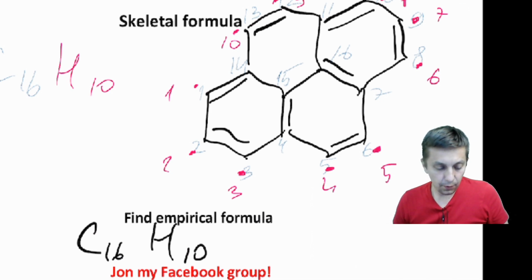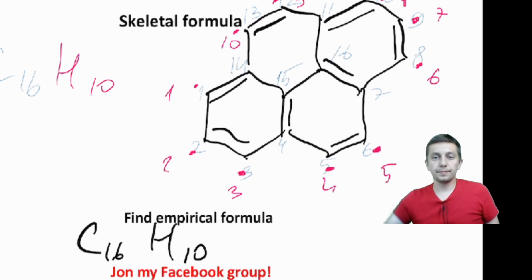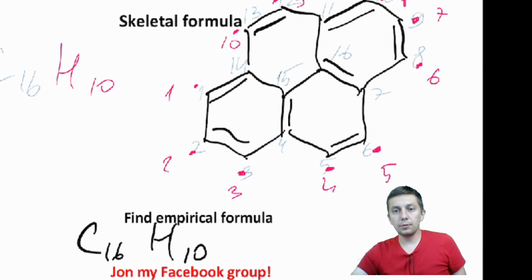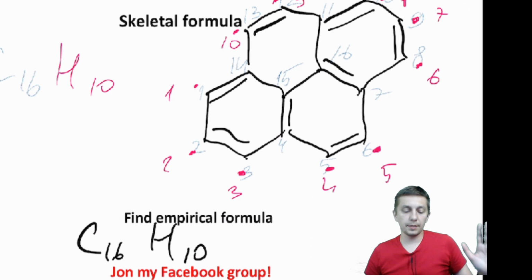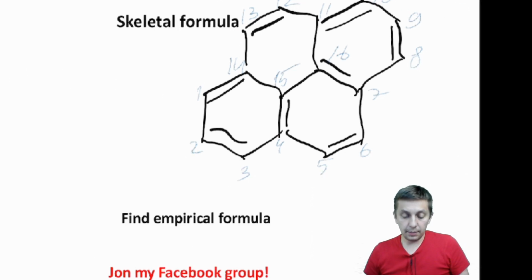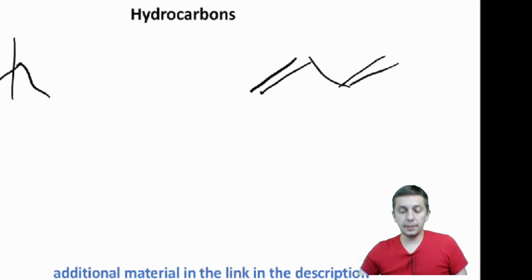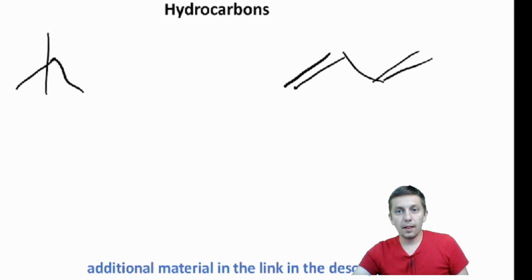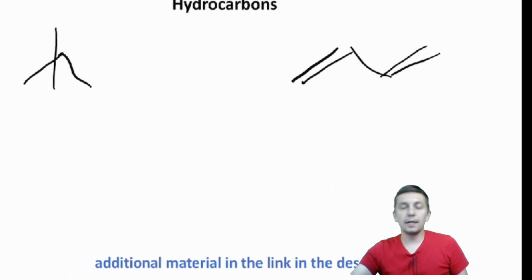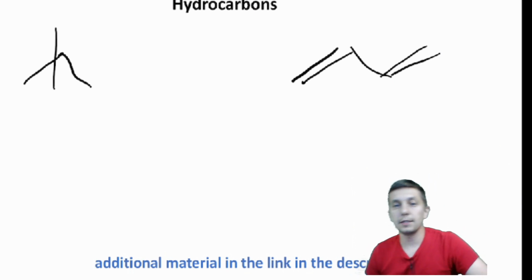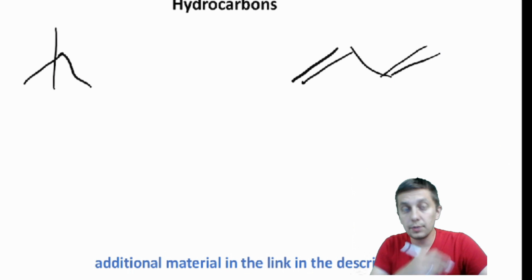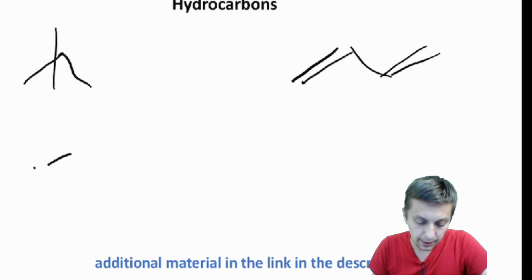So for finding formulas and predicting structure, you need to be able to write a structural formula from skeletal and from condensed formulas. And as I promised, hydrocarbons. We have 4 types of hydrocarbons. The main type is when each bond is single, like alkanes.